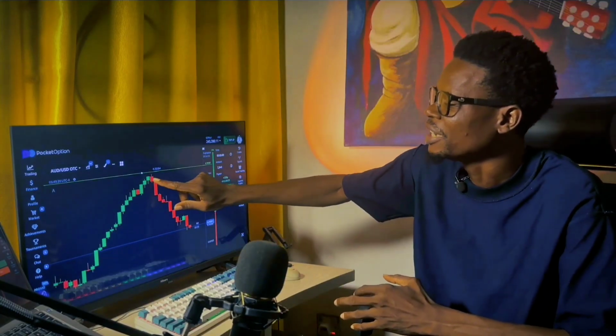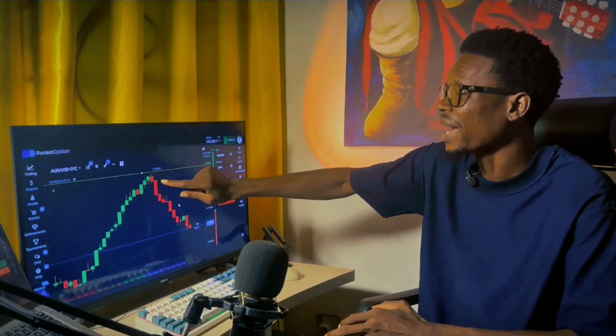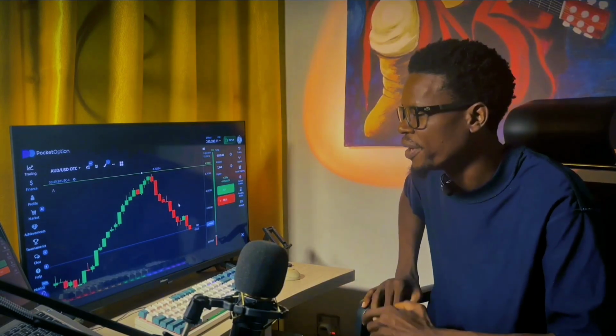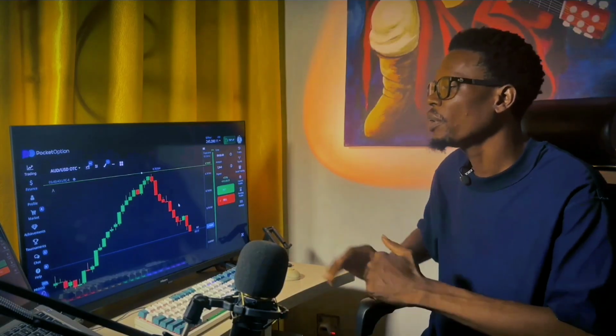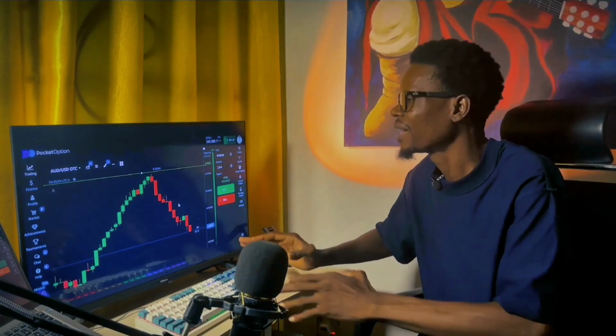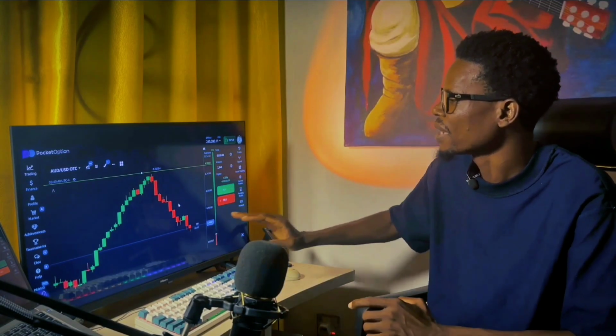And because I'm a sniper in the game, I had to enter my trade immediately, because even though the price closed, I saw that this has a lot of potential and the pressure is going to be very explosive. So I took my trade at the start of this very beautiful candle, and even though entry is super important, I know that this will be a market that will reverse, and of course that was exactly what happened.